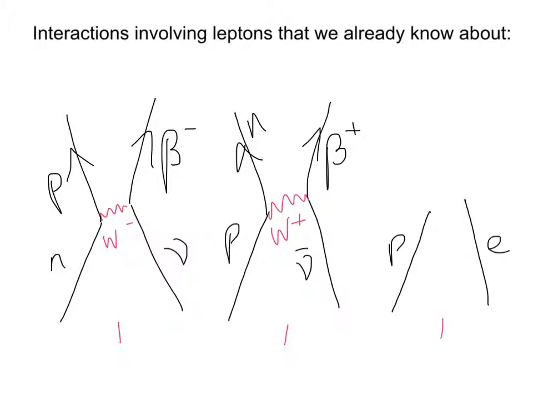And one of the other ones we looked at was the proton capturing an electron from the inner shell, and this time again we have a W plus boson which leaves a neutron, and then we get a neutrino.